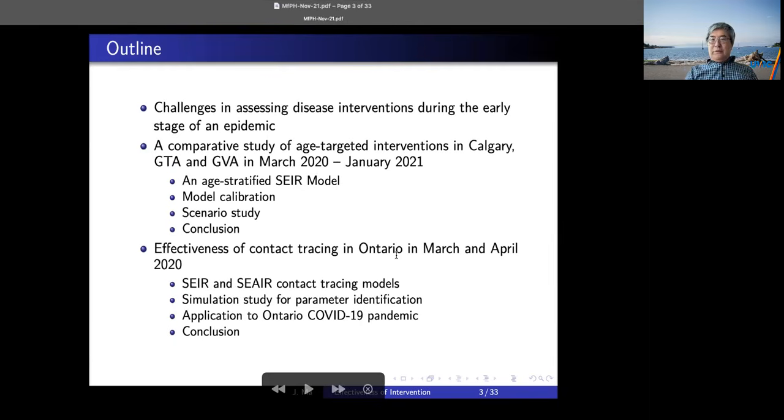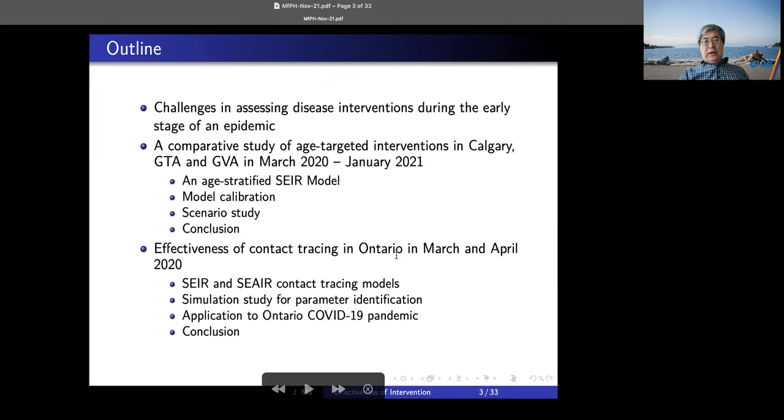We're going to have a quick introduction about the challenges we face in assessing disease intervention measures during the early stage of an epidemic. We'll use COVID-19 as an example, and then look at two special cases.